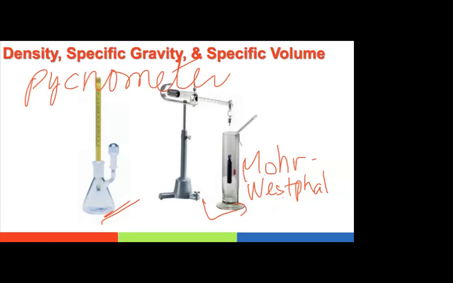Okay? Now, the Mohr-Westphal is classical. When we say classical, it's somewhat antiquated already. It has been used for a long time; it is one of the old methods of determining the specific gravity of a substance. What we are using now is the pycnometer. As you can see, there is an attached thermometer here, the yellow one, because temperature affects specific gravity.